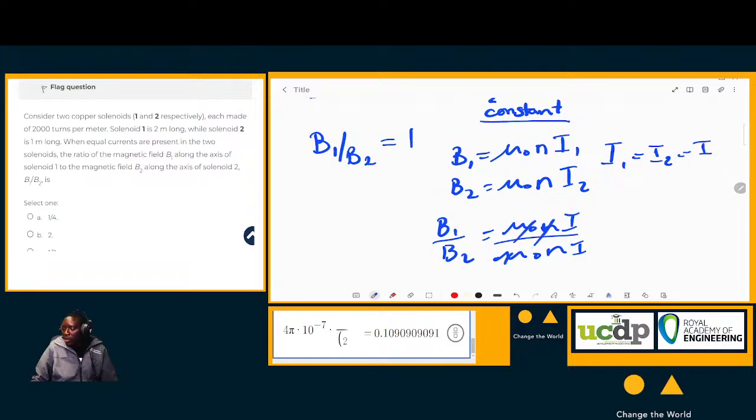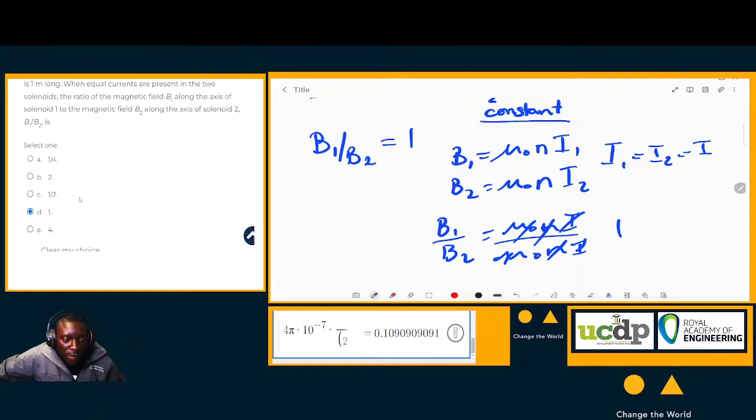So everything reduces to simply 1 unit. So it's a unit ratio.